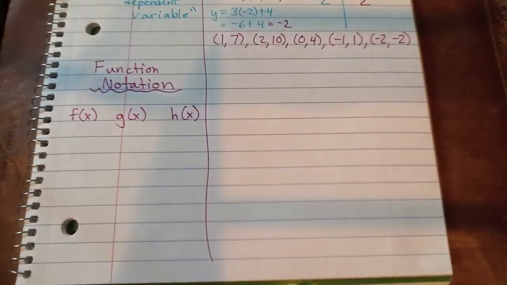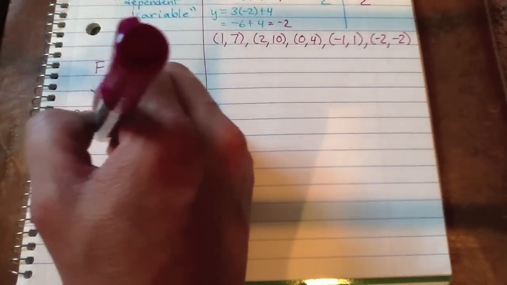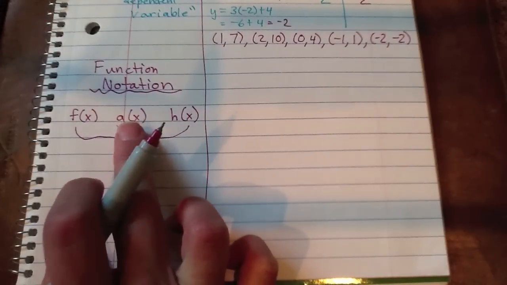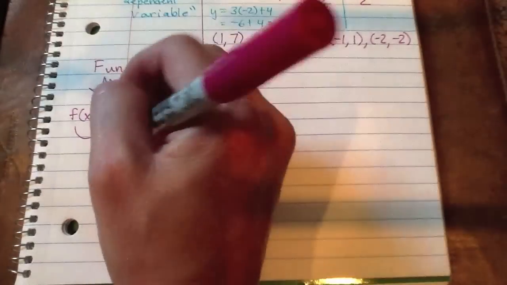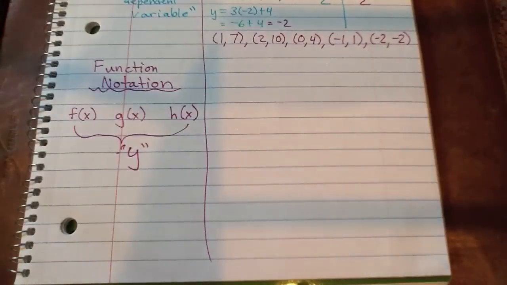They use all different letters. The main one you see is f of x. Whenever you see one of these, you're not plugging in a number here and then solving for something or anything like that. What you're basically doing is just replacing y with that. It's really just your y.